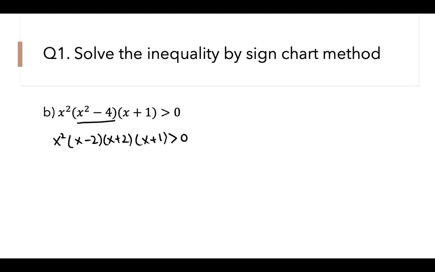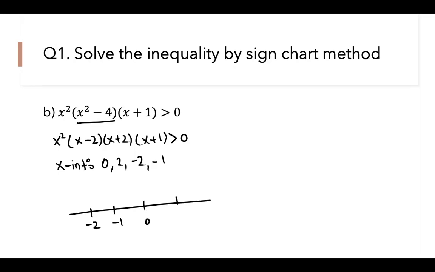Okay, so it's perfectly factored. Let's identify the x-intercepts. The x-intercepts in this case are 0 for the first one, 2, -2, and -1. So I'm going to make the sign chart from small to big: -2, -1, 0, and 2.